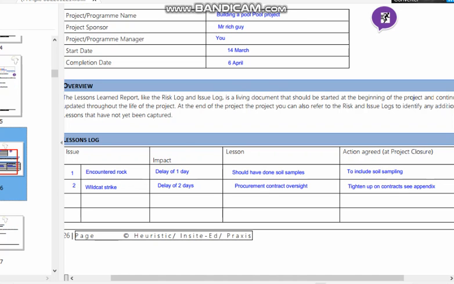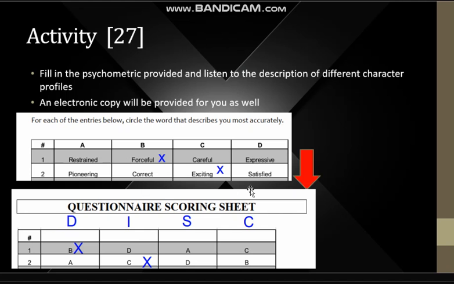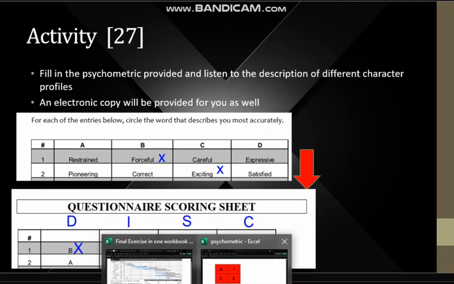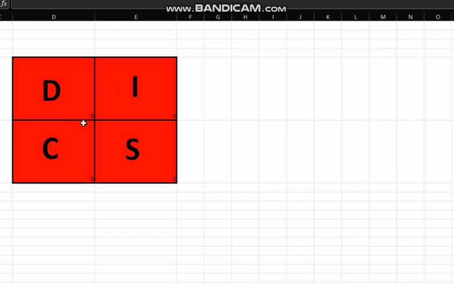Then thereafter, what we did is we looked at a psychometric. We filled in a psychometric. Here's the paper version of the psychometric. All right, we filled it in on the psychometric over here. We filled in all these things. We came up with a different character profile, the reddest being our major character profile.